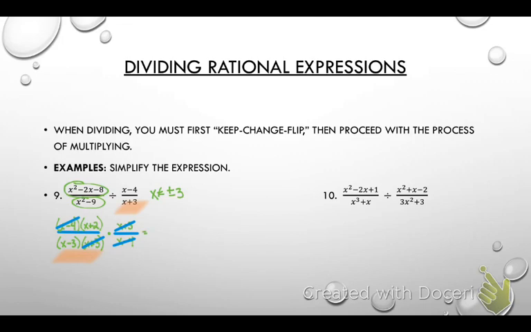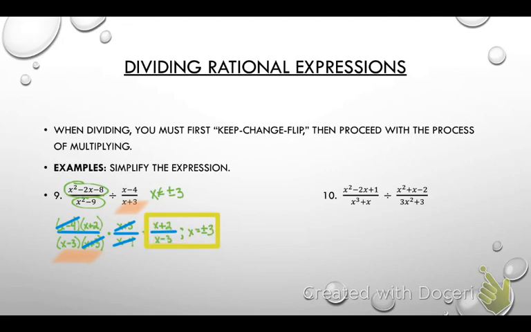So from there, my final answer is just going to be whatever's left. So x plus 2 over x minus 3. My restrictions do not change. X can still not be a plus or a minus 3.